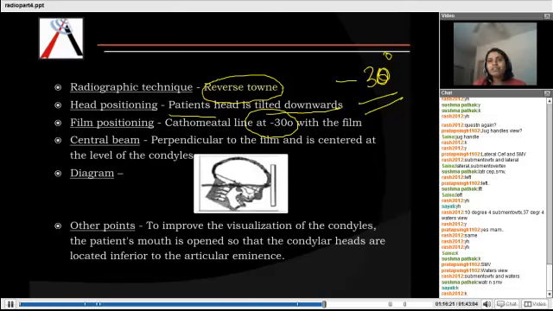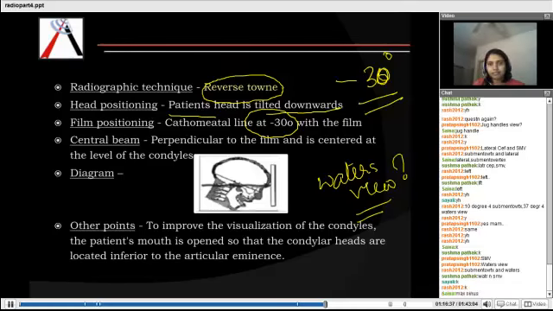Do you at this point remember the level of beam in Waters view? Yes, and what was the level of the X-ray beam in submental vertex?